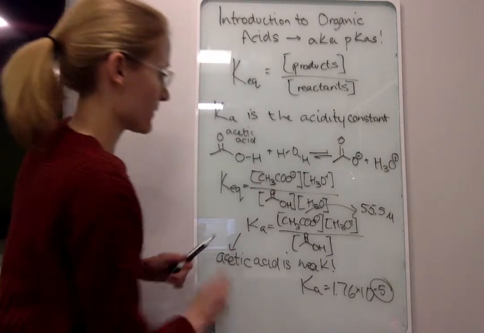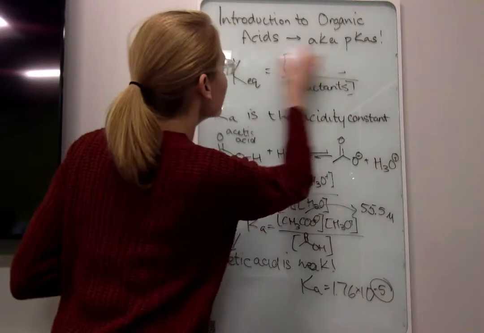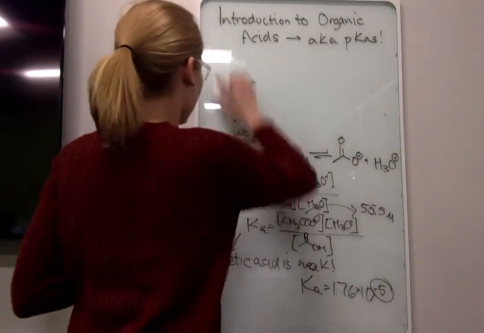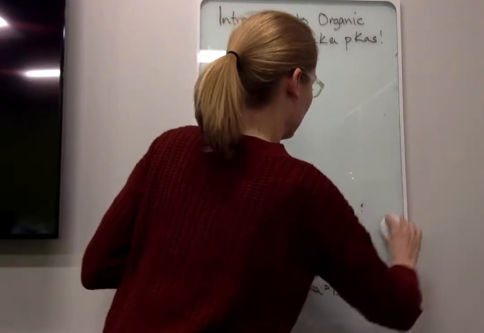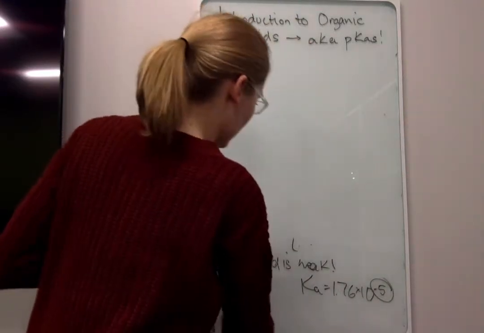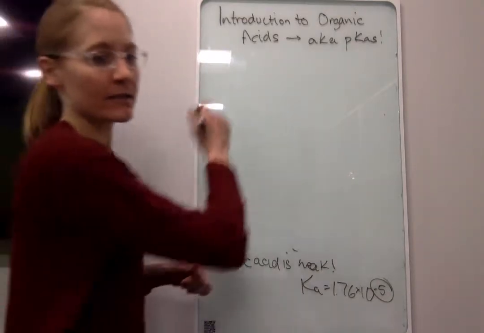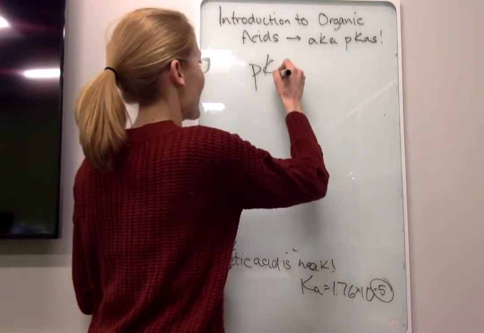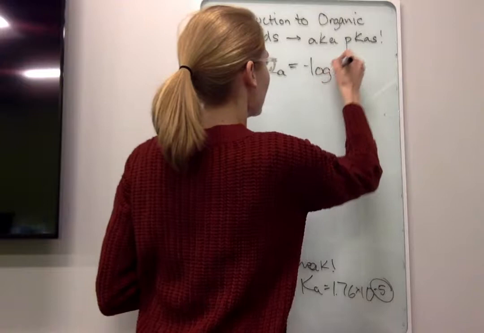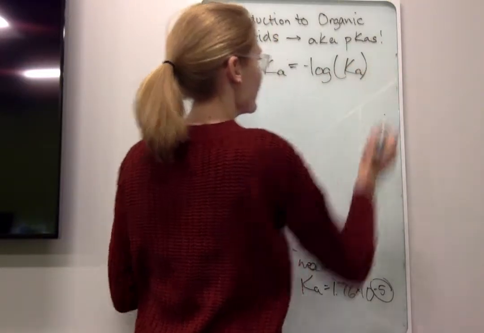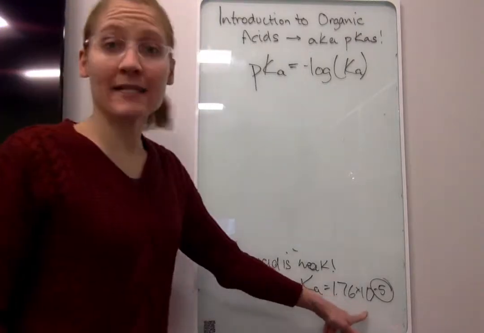So pKa equals negative log Ka. So here our Ka is essentially 10 to the negative 5.